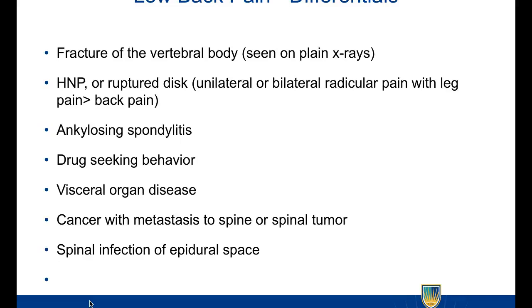The differentials include the following: fracture of the vertebrae seen on plain X-ray, HNP or ruptured disc, unilateral or bilateral radicular pain with leg pain greater than back pain, ankylosing spondylitis, drug-seeking behavior, visceral organ disease, cancer with metastasis to spine or spine tumor, spine infection of the epidural space.